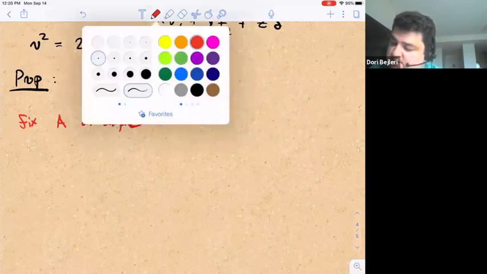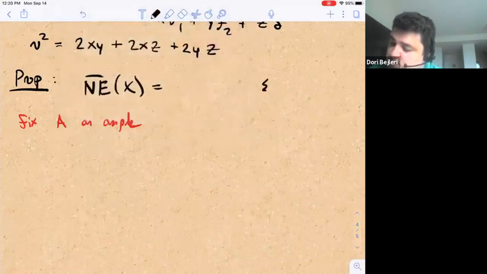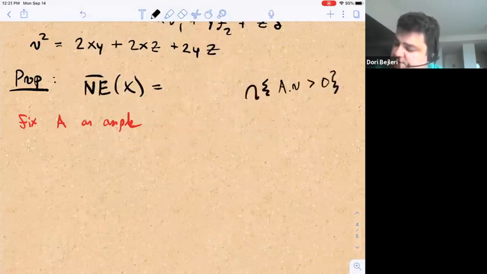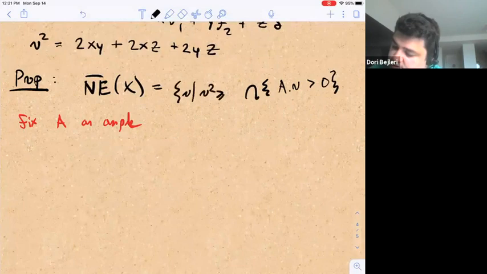Then whatever this cone is, it better be contained in the half plane given by A dot v greater than 0. And in this case, it's going to be the intersection of this half plane with the cone of v such that v squared is greater than or equal to 0.